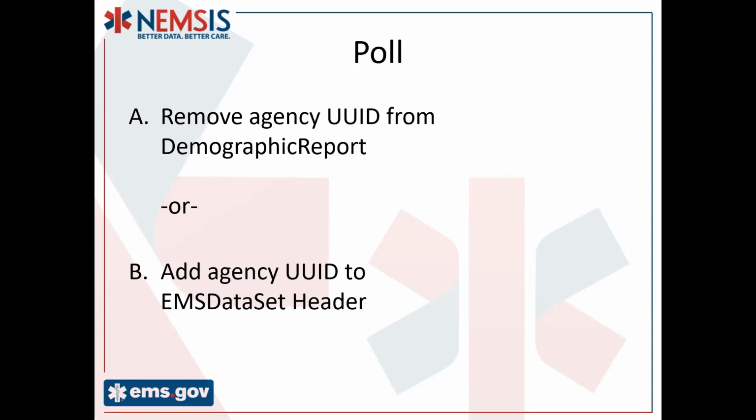But if option B happens and they keep the same UUID, would we be able to change that agency number when that occurs? Or because it's the same agency, but they're just changing from a BLS to an ALS service or vice versa. Yeah, that's a great question.